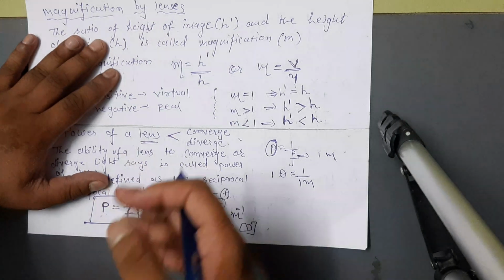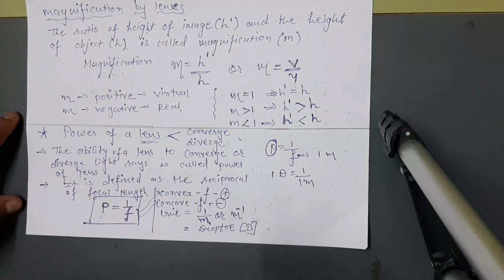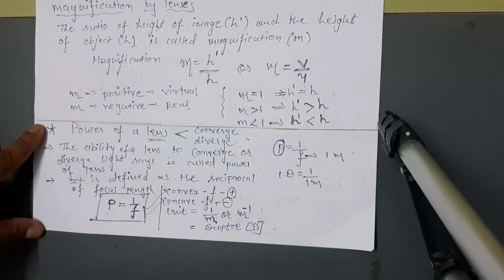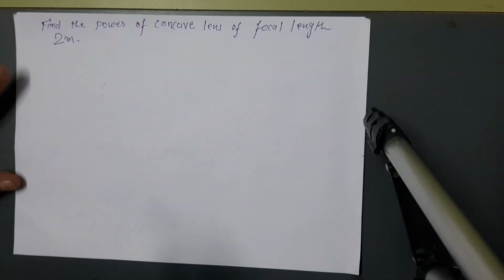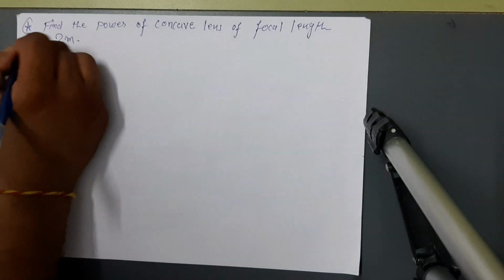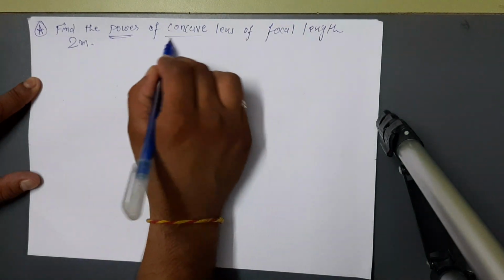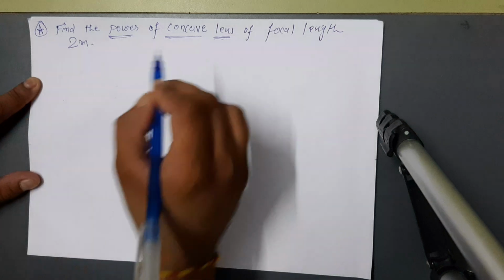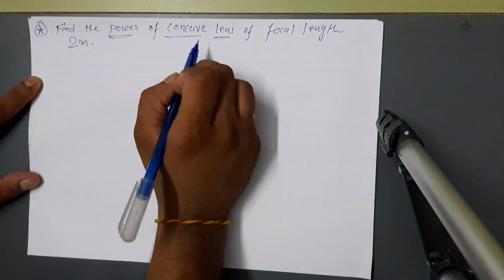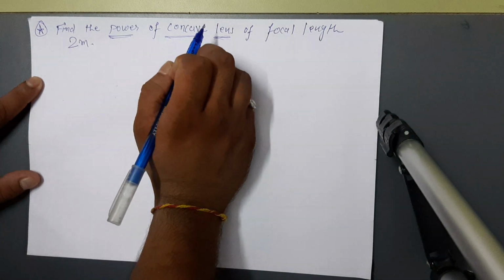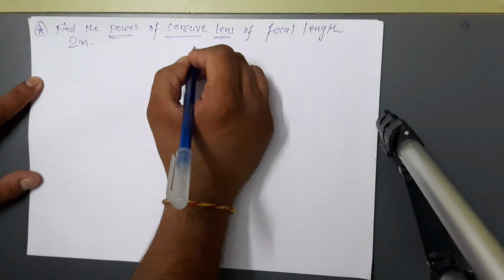Let us understand some easy sums, conceptual sums related to power of a lens. Here we have one question. We have to find the power of a concave lens. Keep in mind which type of lens is given. If it is a convex lens, our focal length will be positive.